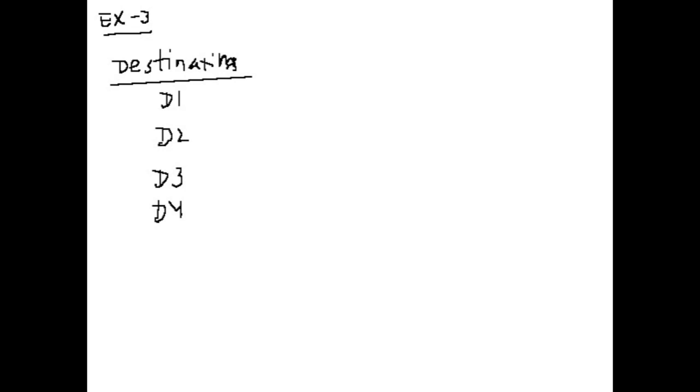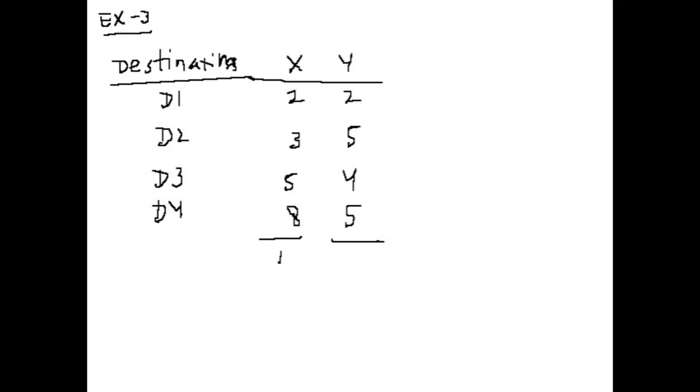We have 4 different destinations, and the XY coordinates of each location are also given. The center of gravity method basically uses an average or mean calculation. For X and Y, we get the totals as 18 and 16.